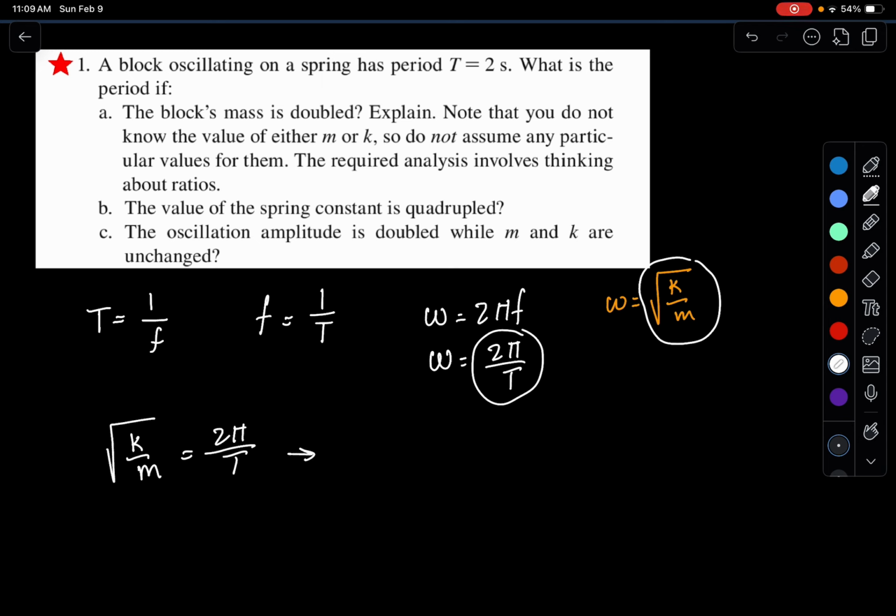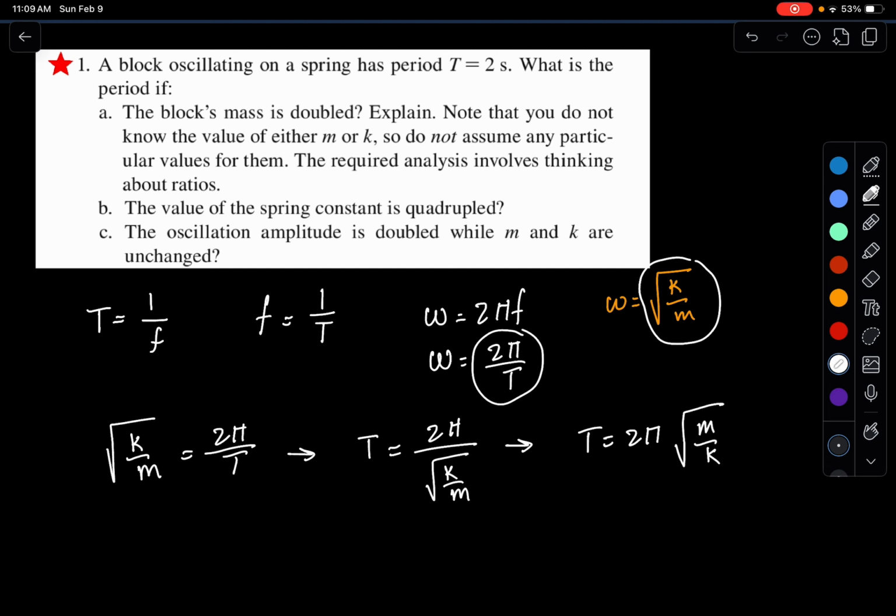Now let's take T to the other side. T equals 2 pi over a square root of k over m. Now we can also write it this way: T equals 2 pi times a square root of m over k.